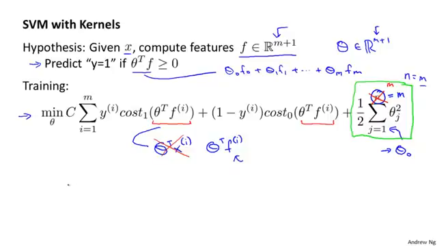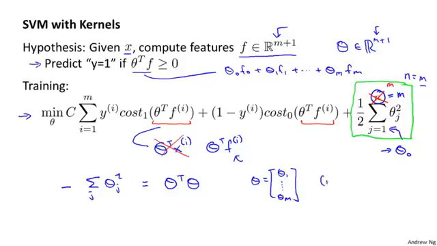But in the way a support vector machine is implemented, that term, the sum over j of theta j squared, can also be written as theta transpose theta if we ignore the parameter theta 0, so theta 1 down to theta m.